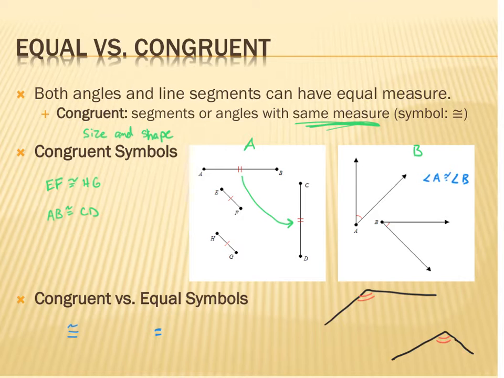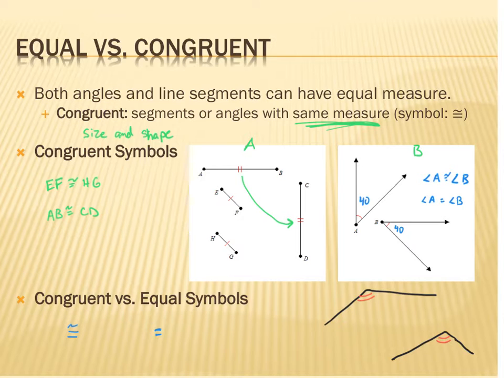Let's say these 2 angles up here, A and B, are congruent, which means that if A is 40 degrees, because angle A is congruent to angle B, then we know that angle B is also 40 degrees. And therefore, angle A is equal to angle B.